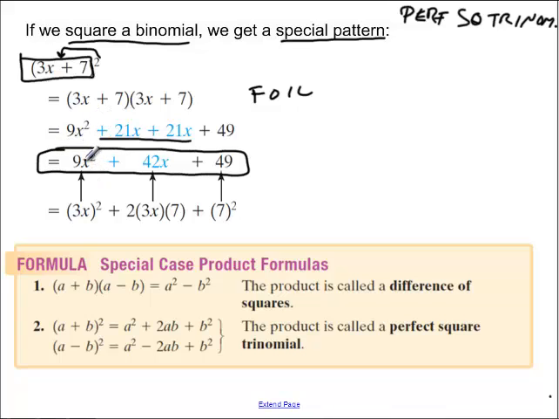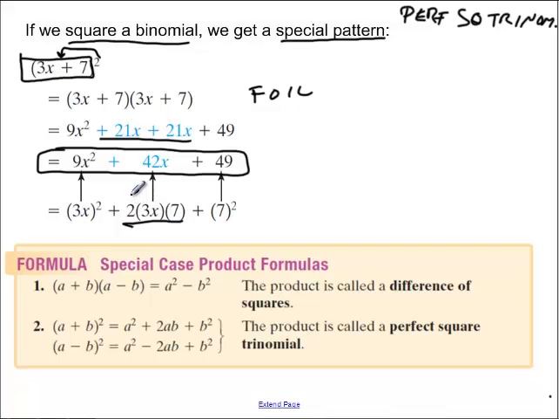Again, kind of like the difference of squares, this first term is the first term of our binomial squared. 3x squared is 9x squared. The last term is the last term in our binomial squared. 7 squared is 49. This middle term is where you have to pay a little bit of attention.